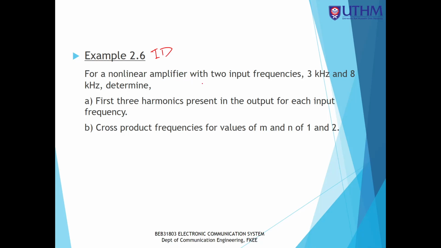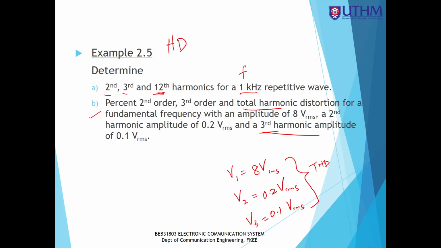For a non-linear amplifier with two input frequencies, the keyword here is two inputs. The frequencies are 3 kilohertz and 8 kilohertz. We determine the first three harmonics, because we want to find the cross product.